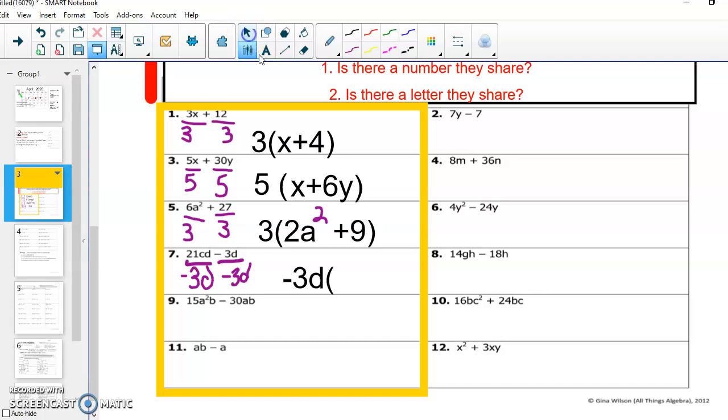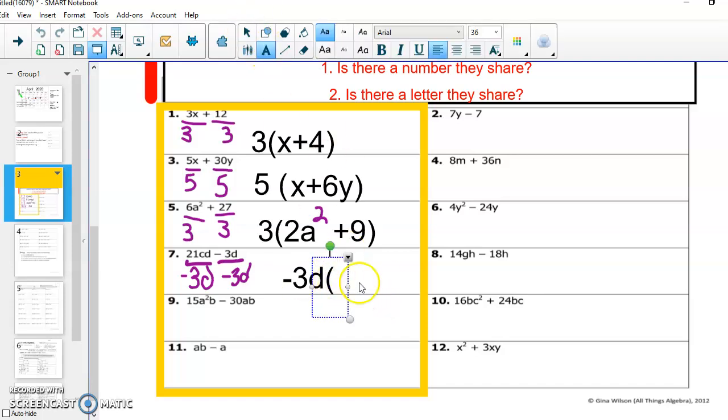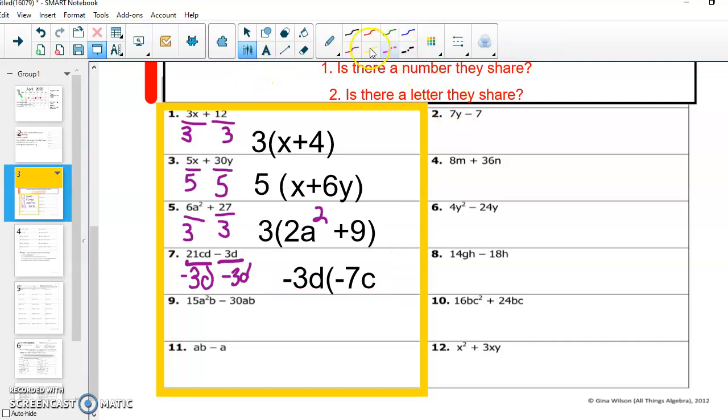What is that going to leave me with? In my first term, 21 divided by -3 leaves me with -7. CD divided by D is just going to leave me that C. My D's are going to cancel. So if I pick another color, I can show that those D's cancel out in both my first and my second term.